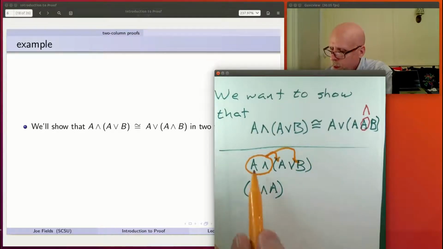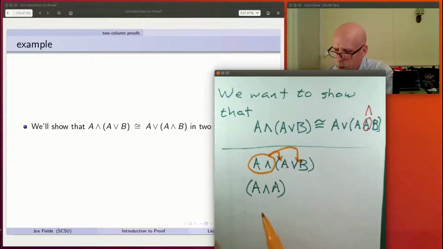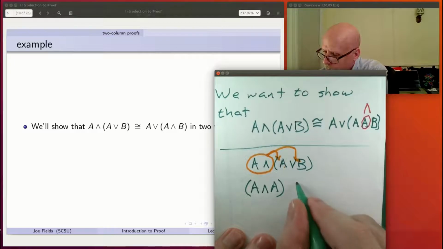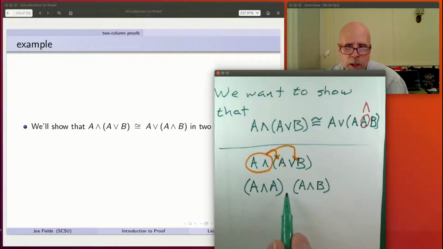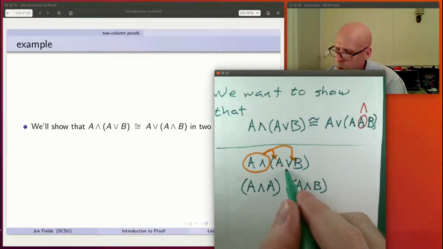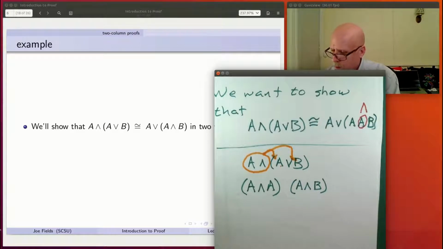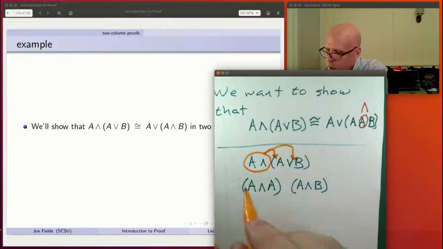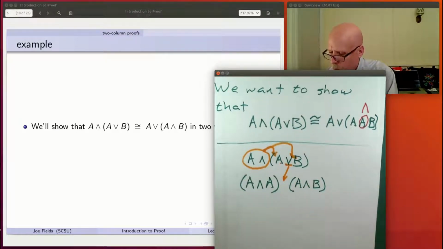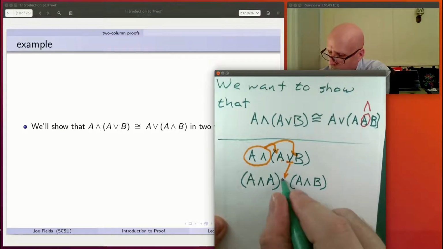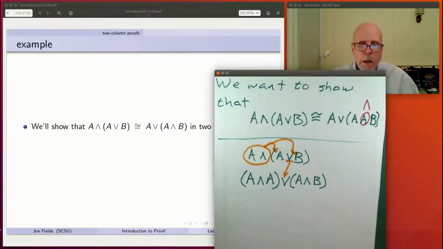So that's why I'll get A ANDed with A, but I'll also get A ANDed with B. And what goes in between these things is the symbol that was inside the parentheses, so this or here is what ends up being right there. That's how it physically looks or feels when you're doing this.